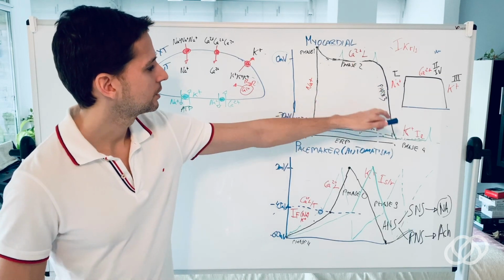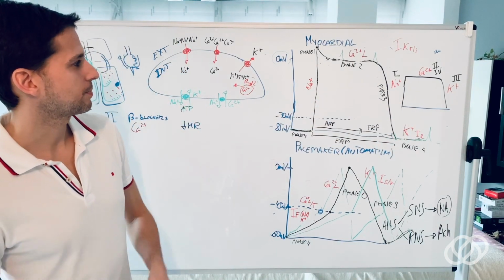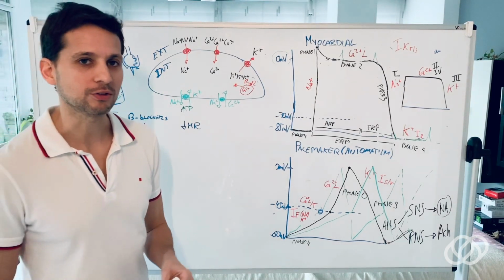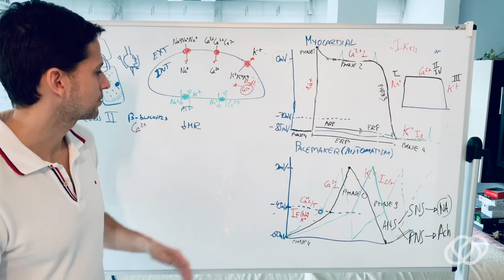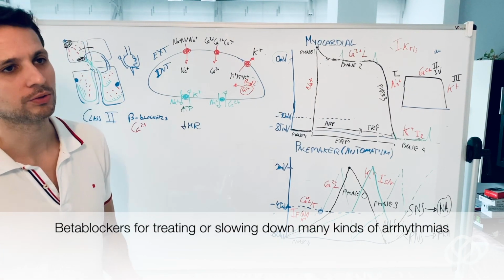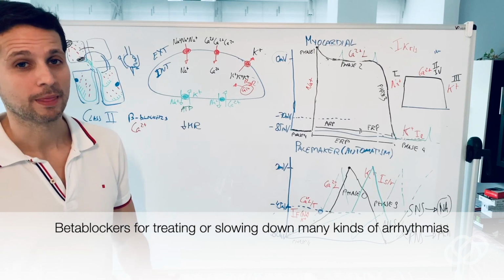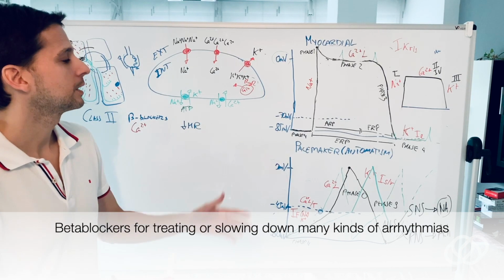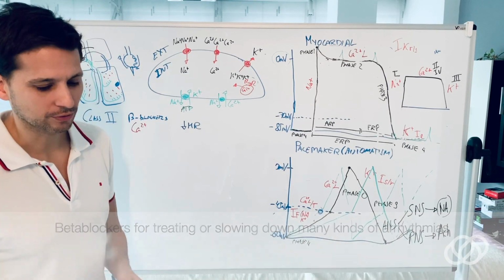To avoid those spikes of calcium, the beta blockers are useful. That's why we use beta blockers a lot in patients with long QT syndrome type 1 and type 2, and also in CPVT, in situations of ischemia, or when we have a lot of catecholamines.